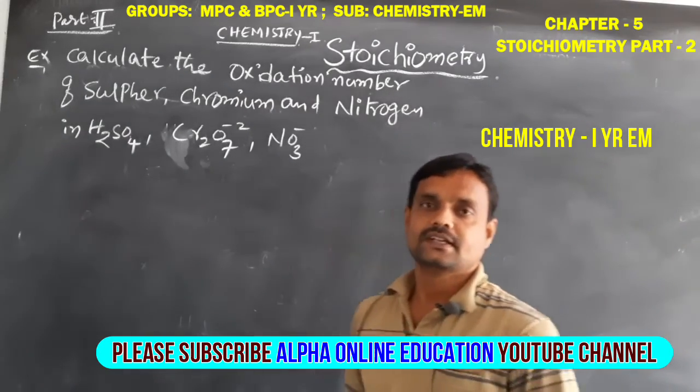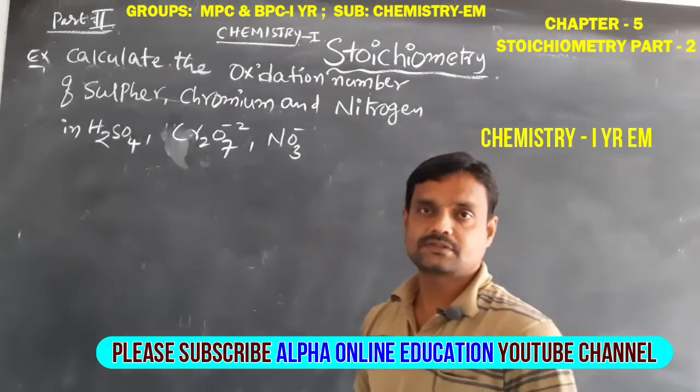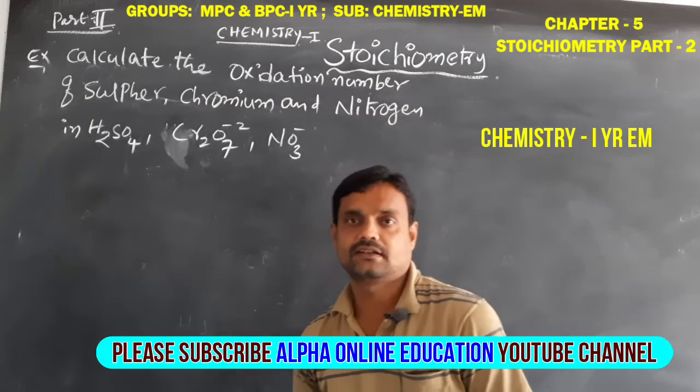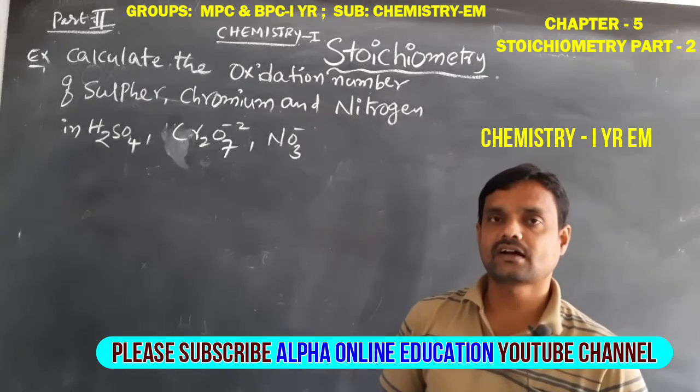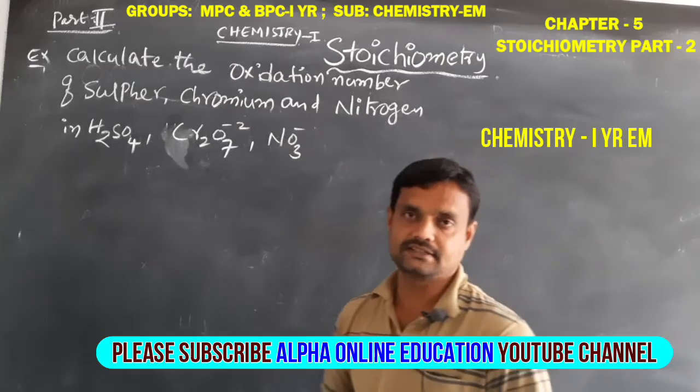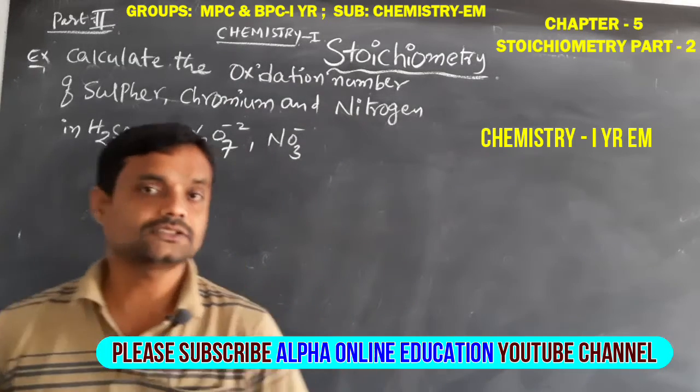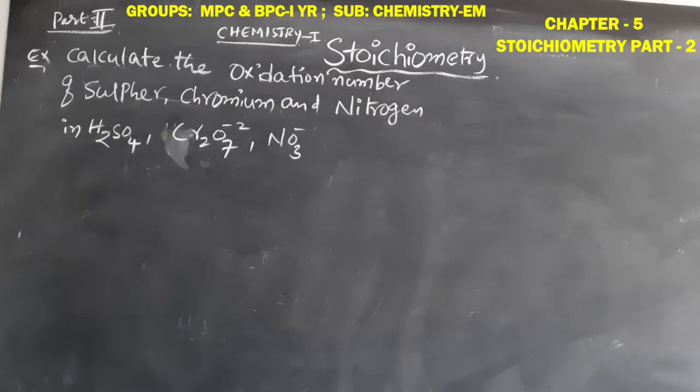Students, in the previous class we learned some fundamental rules on the oxidation number concept. Today we are going to learn how to calculate the oxidation number for any element in a given compound.